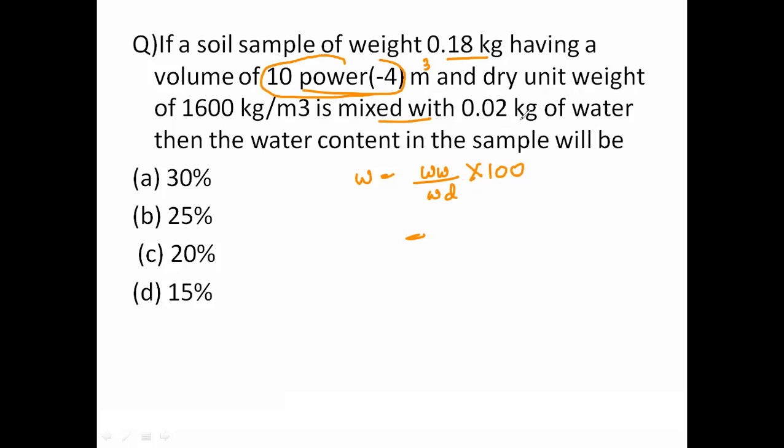Similarly, the dry unit weight is given, but I have to make the volume the same, because I cannot compare the two weights otherwise. So 1600 kg per meter cube can be converted for the same volume, 10 power minus 4 meter cube.